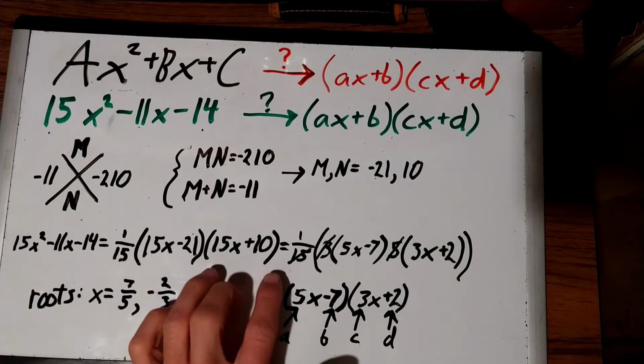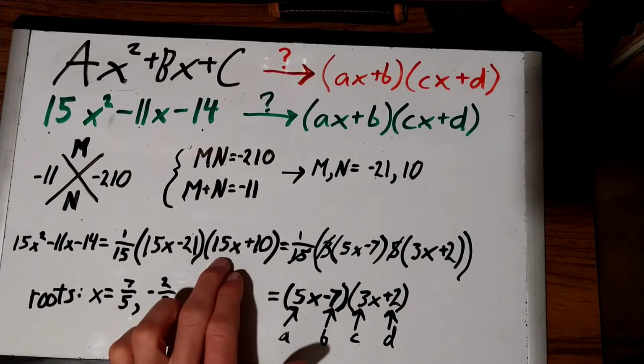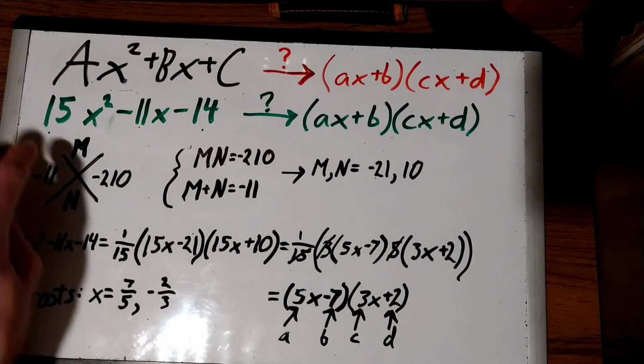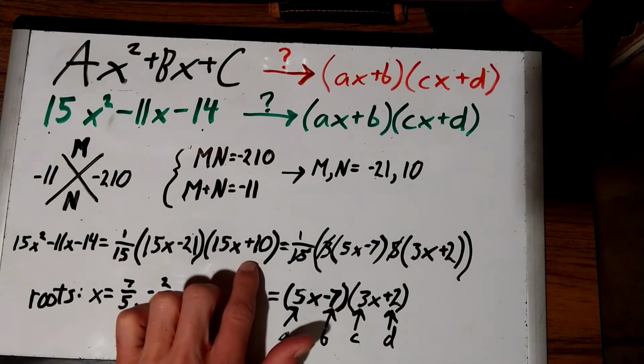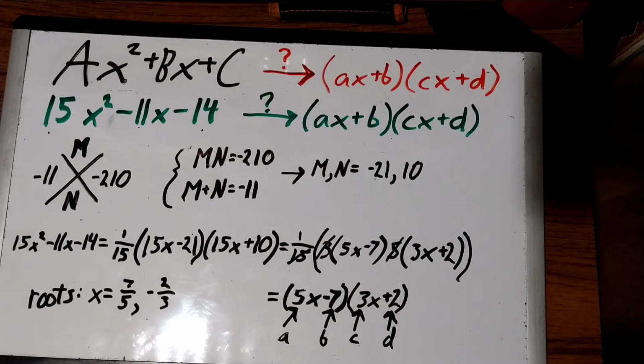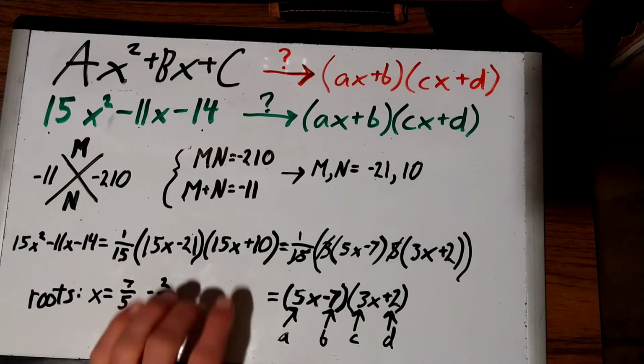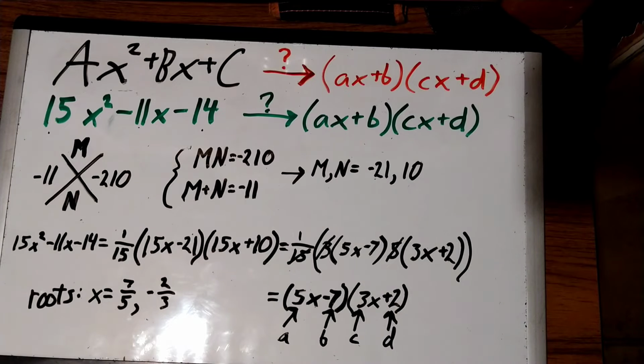That quantity, open up a new set of parentheses, 15x, that's my a, plus the other value that I found, 10, close that parenthesis. That's my expression.